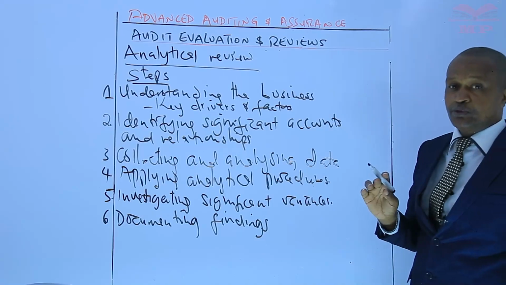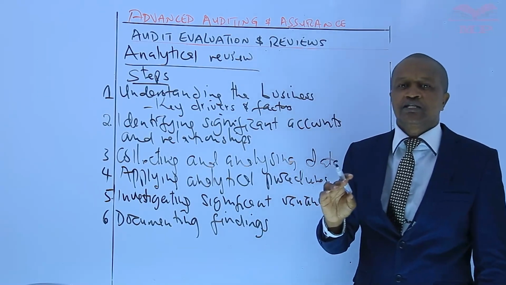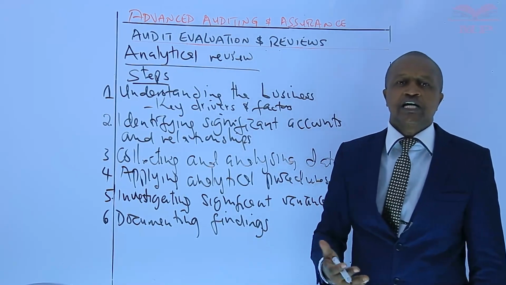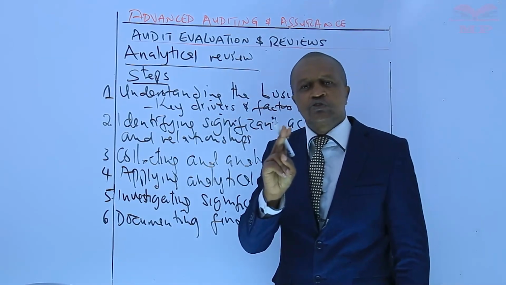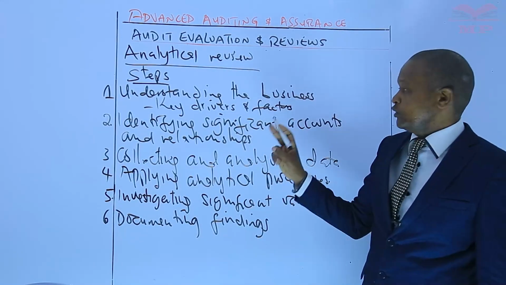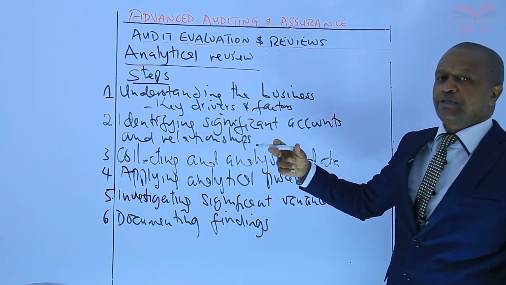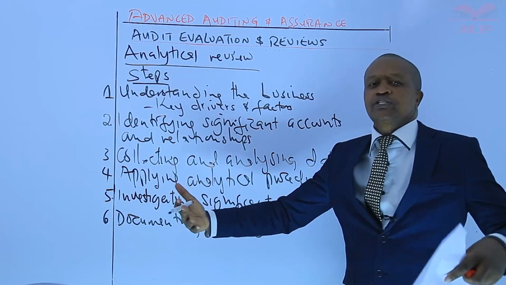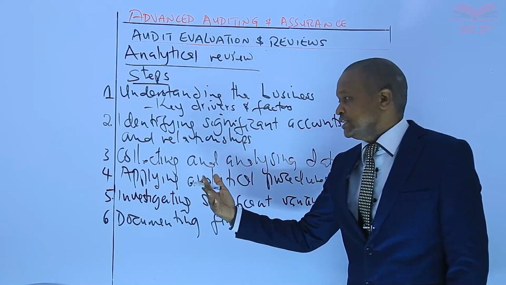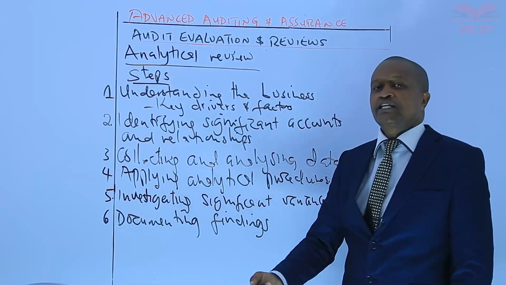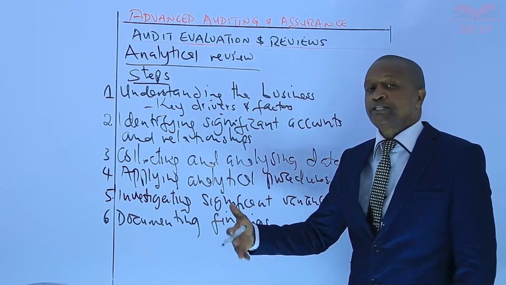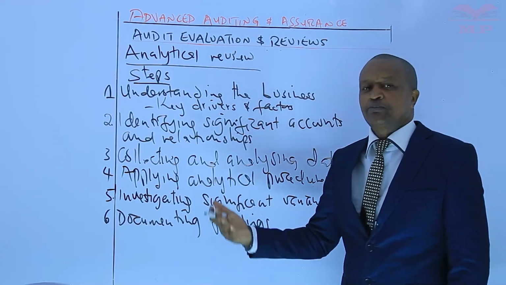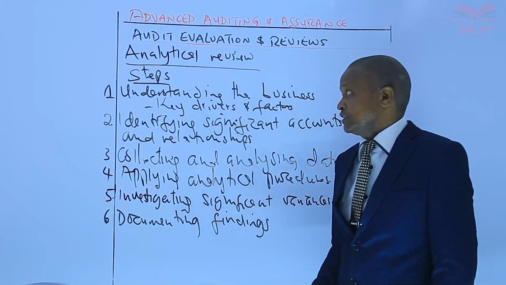And candidates, it is important to note that the analytical review alone is not sufficient to form an audit opinion. It is typically combined with other audit procedures such as tests of detail and substantive testing in order to obtain sufficient and appropriate audit evidence.